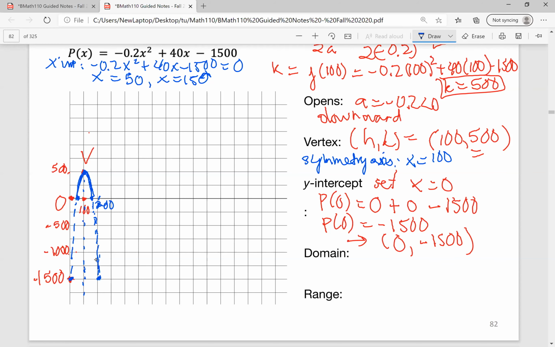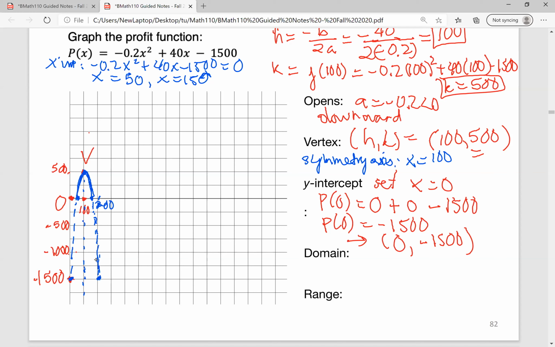All right. But the thing here is we don't include the negative one. So I'm going to say the domain is from 50 to 150. All right. And for the range, it's just P(x) from 0 up to 500.